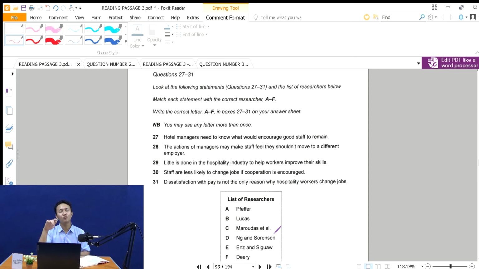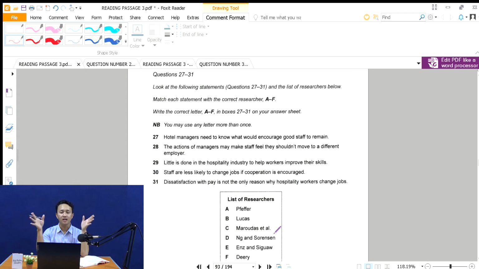For some questions, what you have to match is not only a person to their research, or a person to their theories, or their comments about something, but also a person with an action that they did in the text, or maybe a year, or some other specific information.